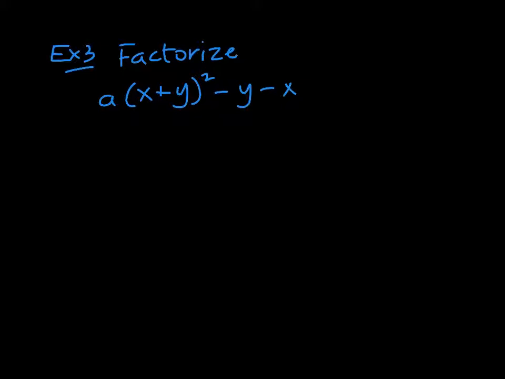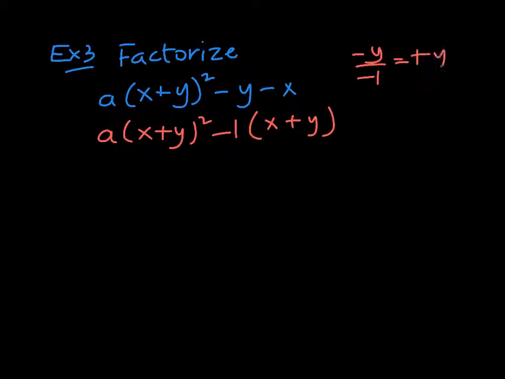So factorize a into x plus y squared minus y minus x. Well, at first glance, nothing appears to be similar here, but let's rewrite this. So we can write this as a into x plus y squared minus, if we divide through by -1, so write -1 here, this one becomes x plus y. How did I arrive at that? Negative y divided by -1 will give us positive y.